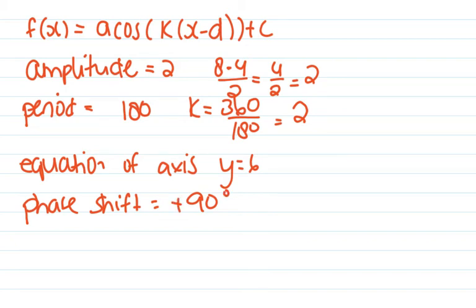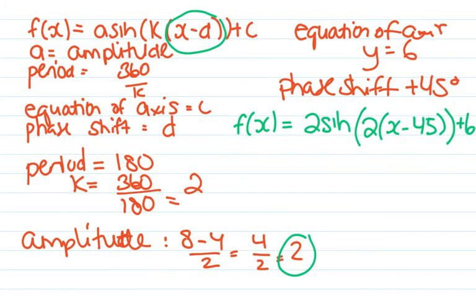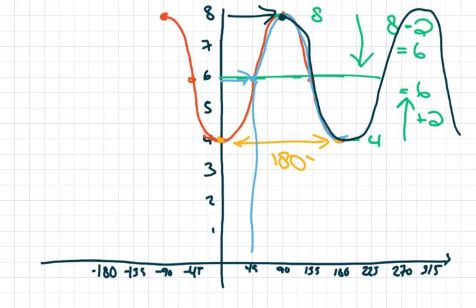So now we'll just plug these numbers in. Or actually the other option, so we could have a positive 90 degrees phase shift, or if we just reflected this curve, flipped it over, then it would start up here and go down. So then there would be no phase shift because cos would be starting high and going down.